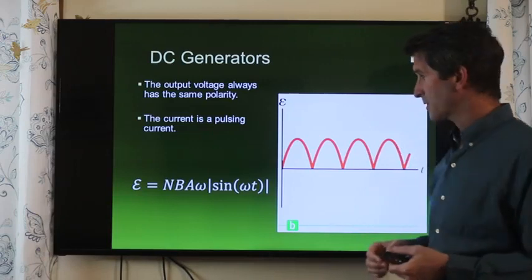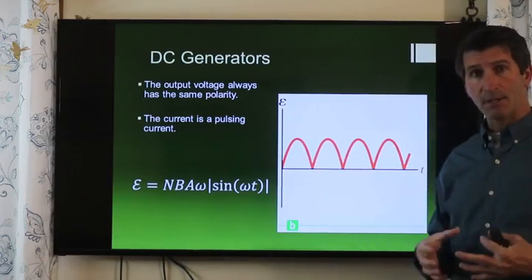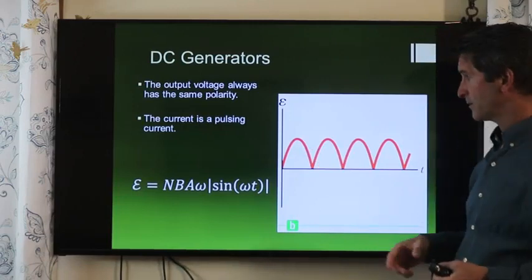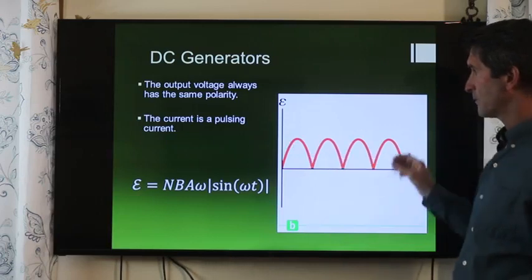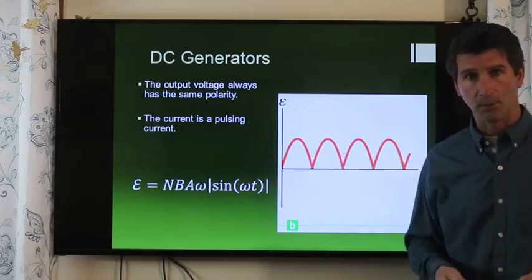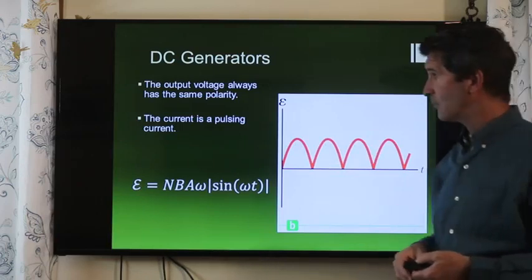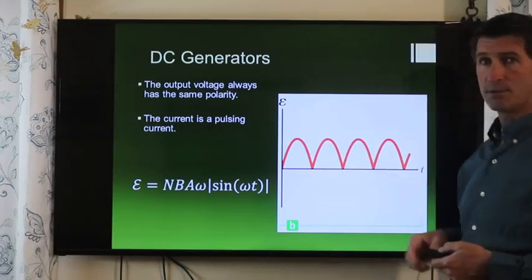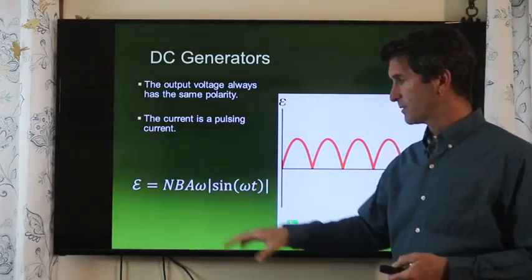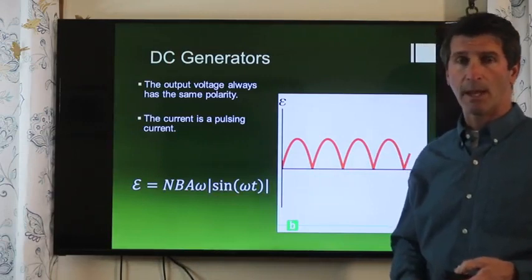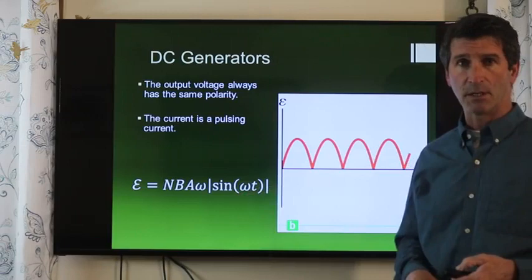A capacitor will actually, as the voltage gets very, very high, take in some of the electrical energy, and as the voltage drops, it'll give up some of the energy, and with the right capacitors, you can actually smooth this out pretty well, in addition to using diodes to ensure that it's only going in one direction. But there's your DC generator, and again, the form for its output is pretty much the same as what we had for the AC generator. The main difference is that the polarity is only in one direction.